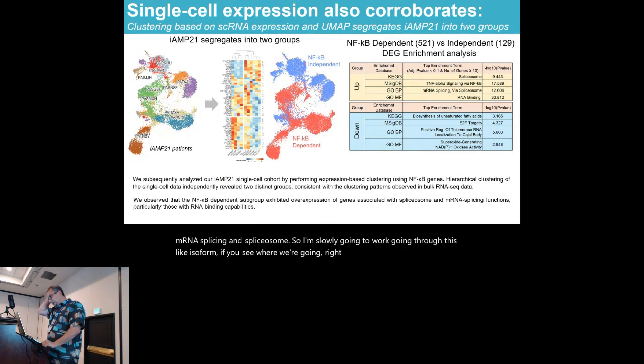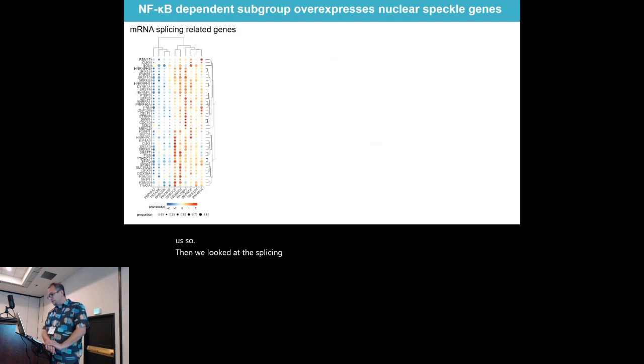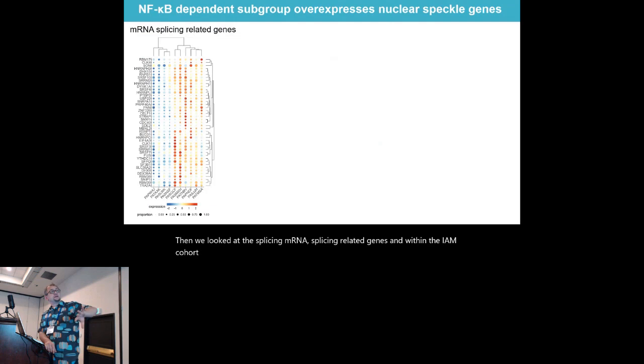This was kind of unexpected, but knowing that some of the core components of nuclear speckle are upregulated, it is also not completely surprising for us. So then we looked at these mRNA splicing related genes within the iAMP cohort, but separating the ones that are NF-kappa B high versus low.